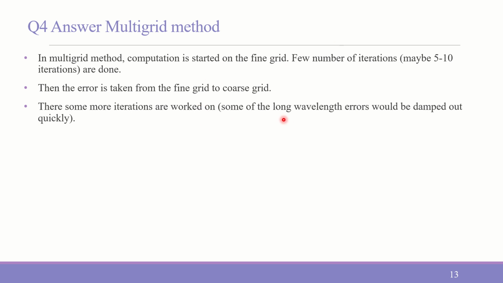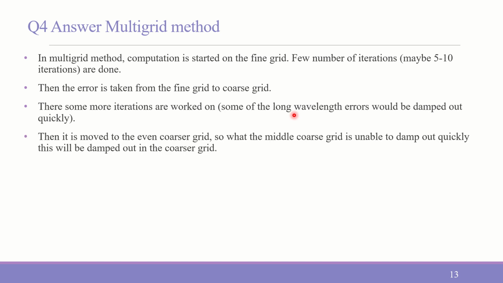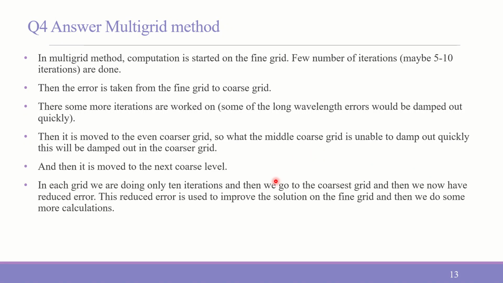Some of the long wavelength error which was not damped here would be damped here. Then again we will move on to an even coarser grid. The wavelength errors which were not damped here will be damped here, and again we will move to the next coarser level. So likewise we will move on to further coarser grids.